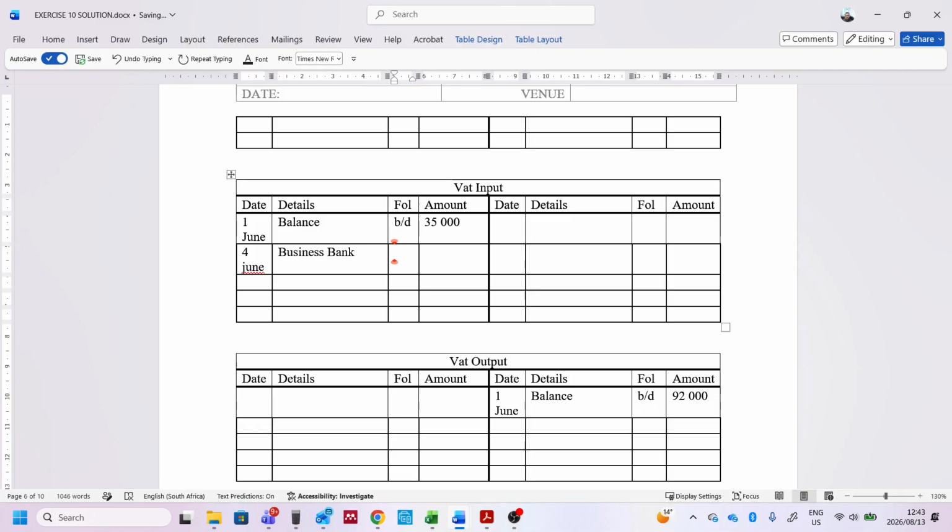This was recorded in which journal? Business cash book payments journal. And how much was that amount? It was 1,826.